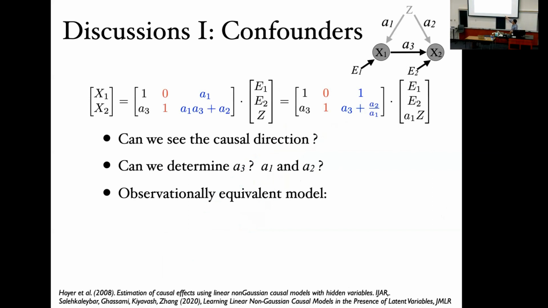Given this causal model, x1 and x2 are basically linear combinations of 3 independent things, including z, E1, and E2. Right? Previously, without this guy, x1 and x2 were linear combinations of E1 and E2, where E1 is identical to x1. That's a previous setting without the latent confounders.